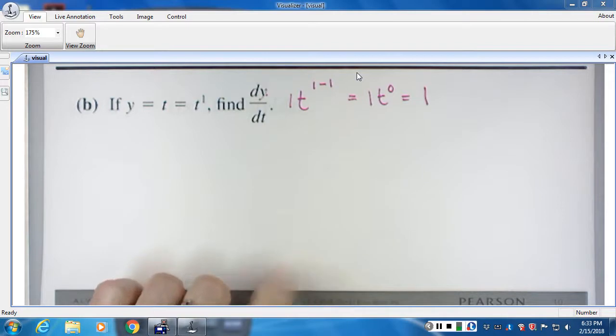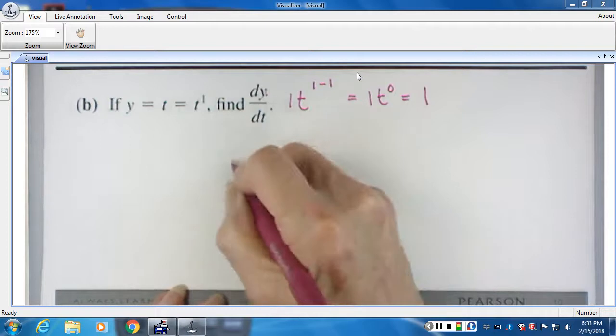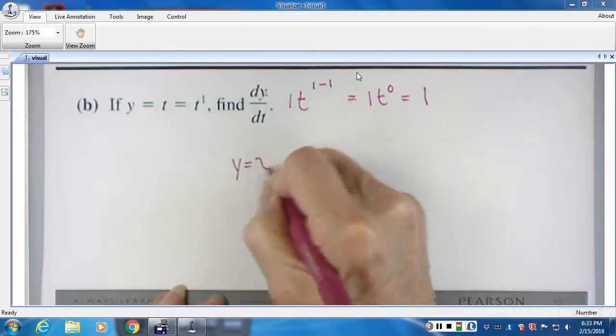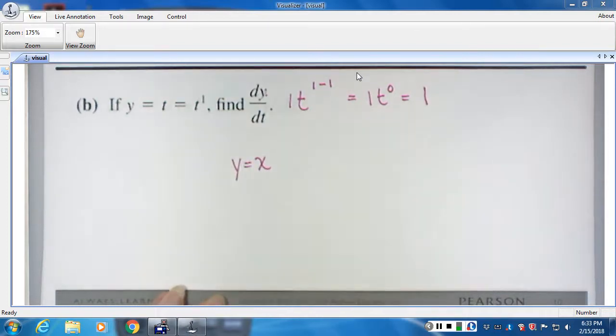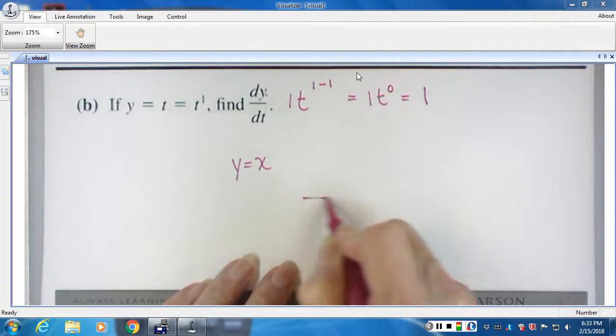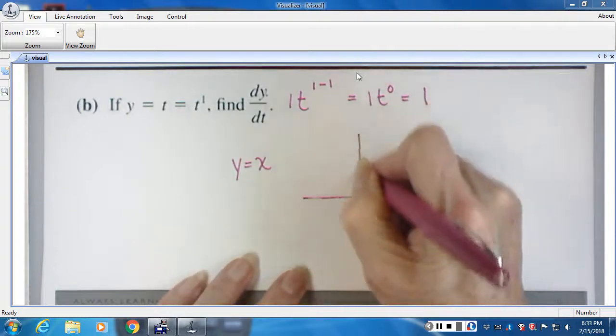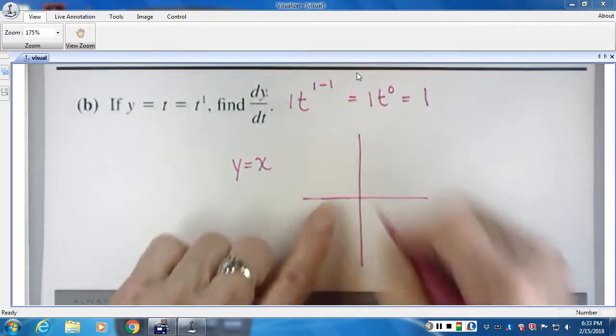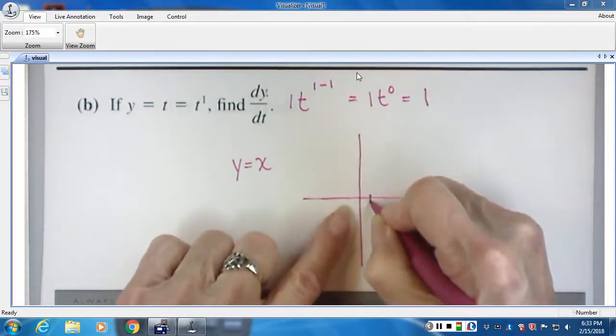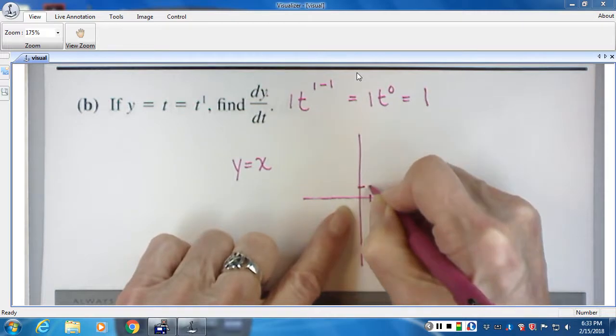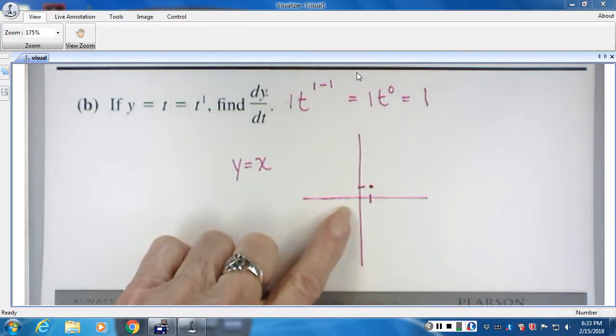And just to keep connecting up the idea of slope in your mind, this is equivalent to the line y equals x. Y equals x says basically for every value of x, y has the same value. So if x is 1, y is 1.